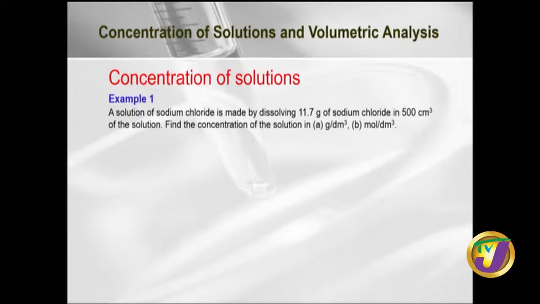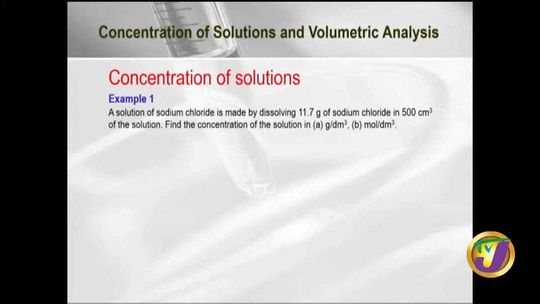Now remember that sodium chloride is our table salt, right? It's just a fancy name for it. Sodium chloride is the scientific name, but it's really the table salt that you use in the kitchen. So again, a solution of sodium chloride is made by dissolving 11.7 grams of sodium chloride in 500 cm cube of solution. Find the concentration of the solution in grams per dm cube, and also find it in mole per dm cube.